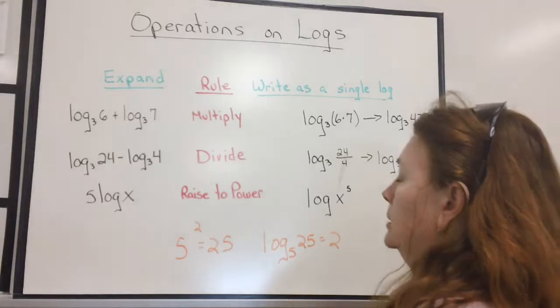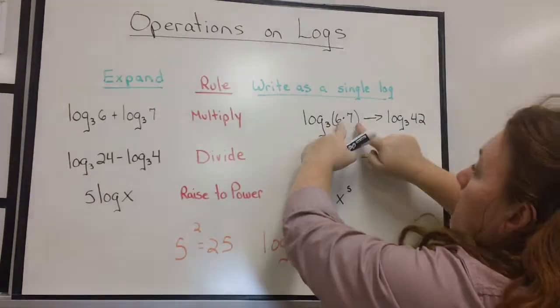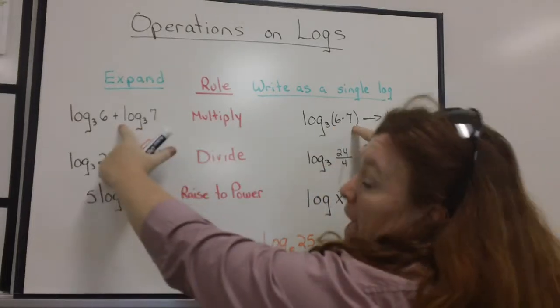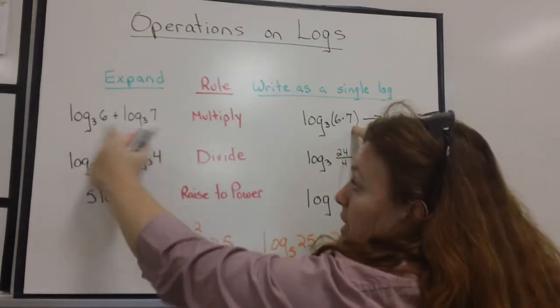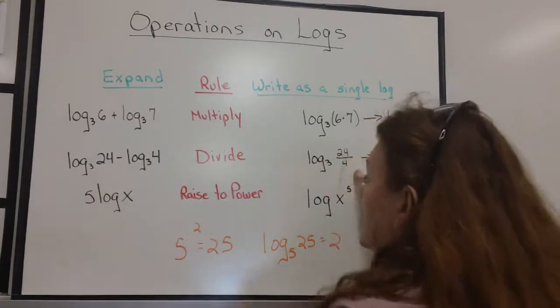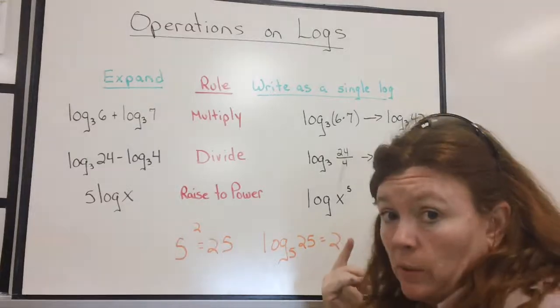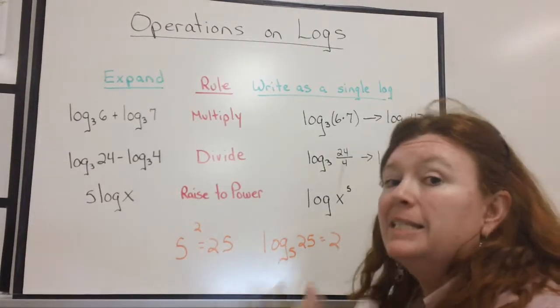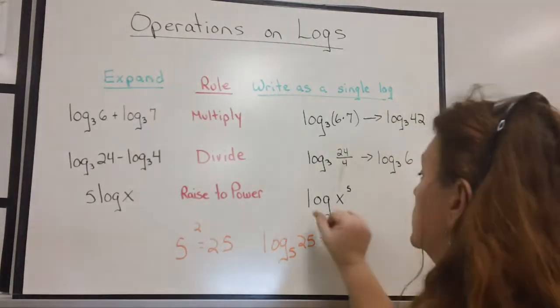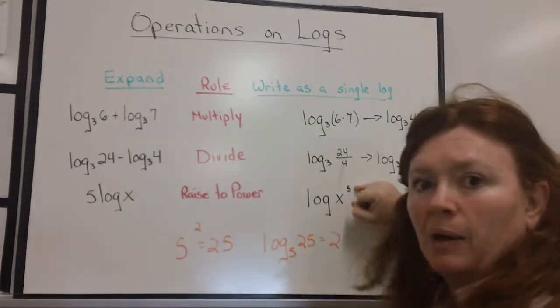Now, I'm going to start actually on this side. When you're multiplying, you add the powers. These powers are being added. When you divide, you subtract the powers. When you raise a power, now look at this, log of x is an exponent. A logarithm is an exponent. So this logarithm, this power, is being raised to a power.